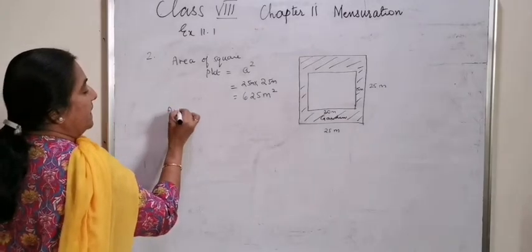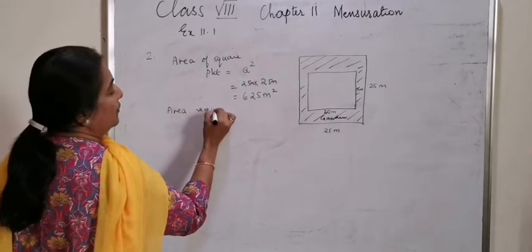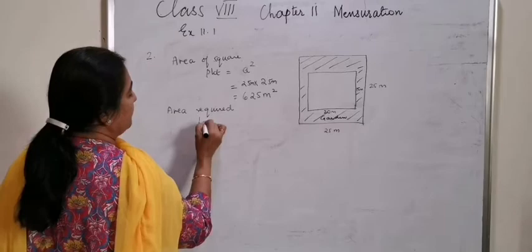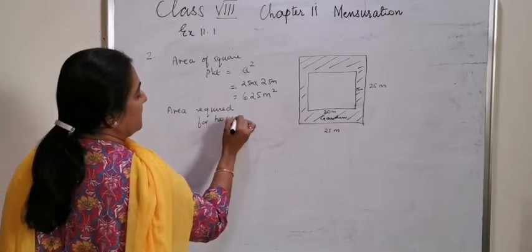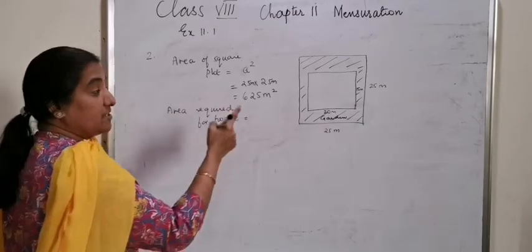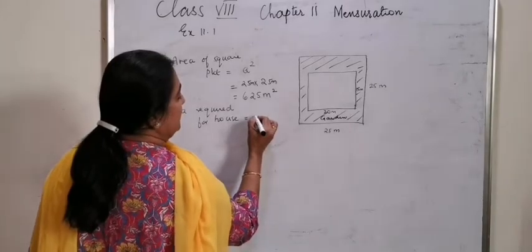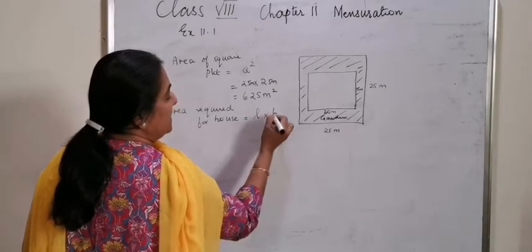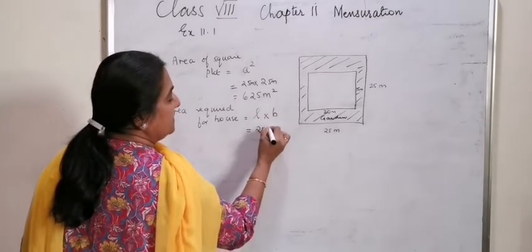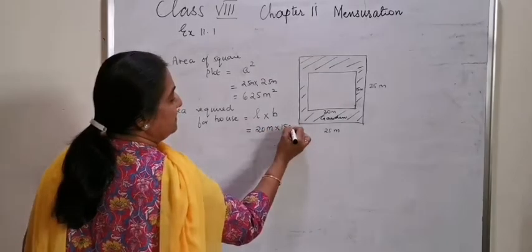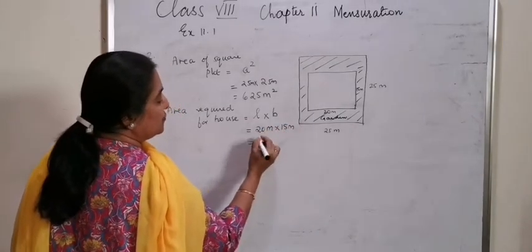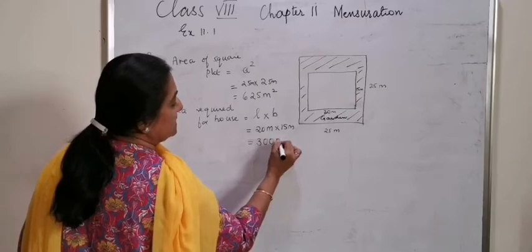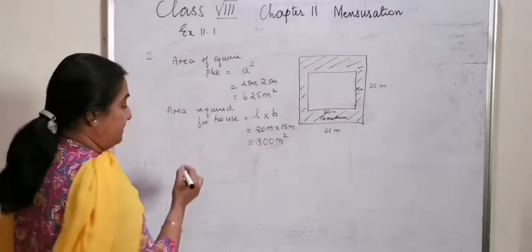Now area required for house is equal to, it's in the shape of a rectangle, that is L into B, which is the same as 20 meter into 15 meter, or it is 300 meter square.